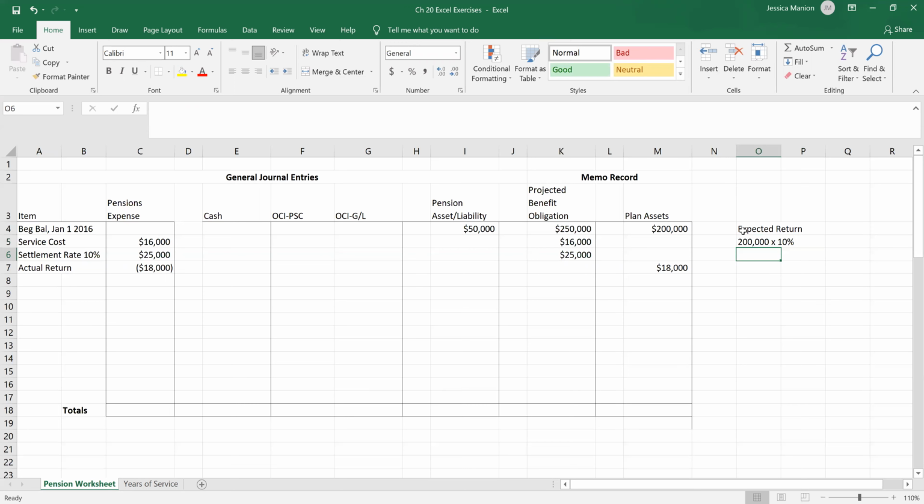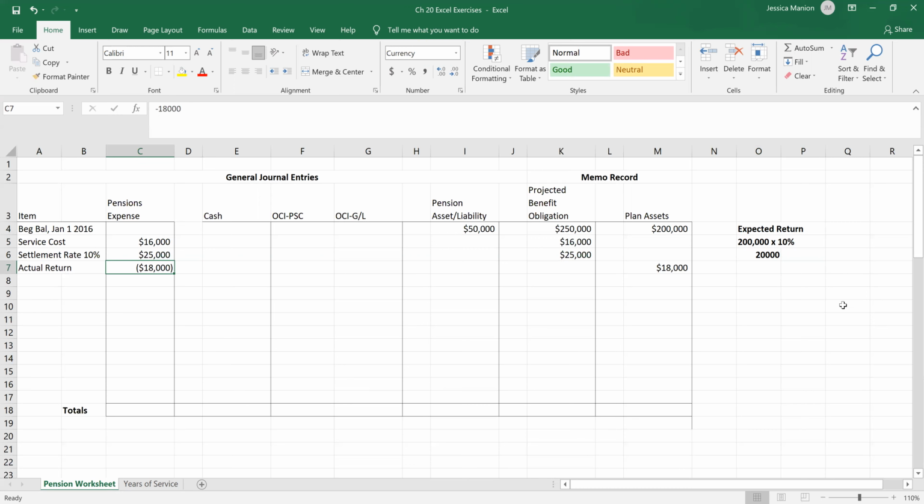So the expected return equals 200,000 times 0.10, which is 20,000. That's what we expected to have. And we had an actual return of 18,000. So we've got a $2,000 loss that we have to recognize.